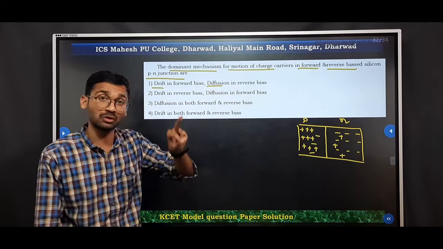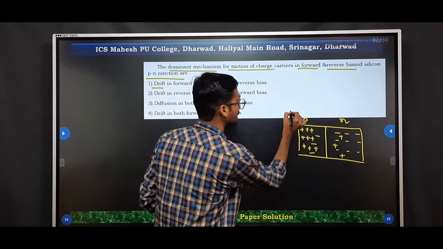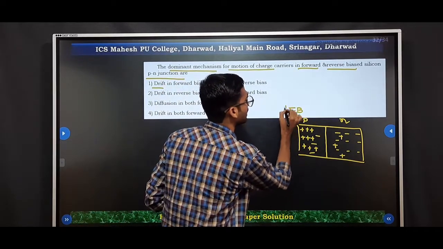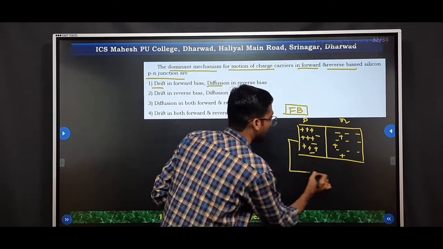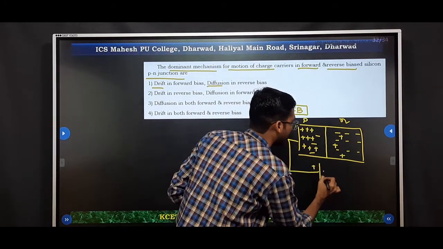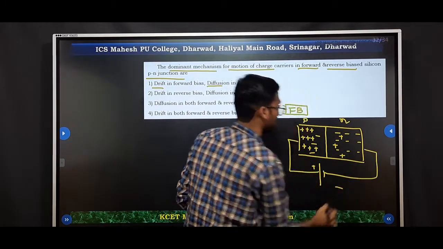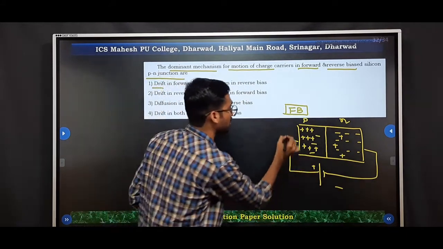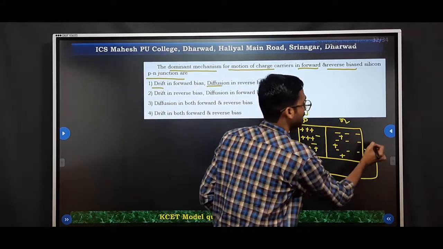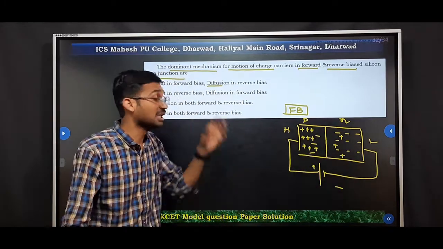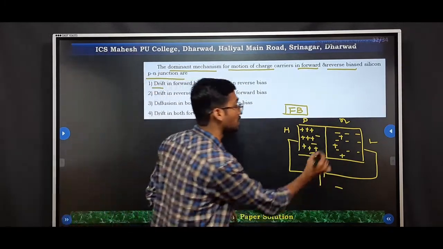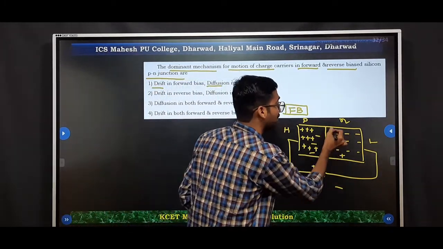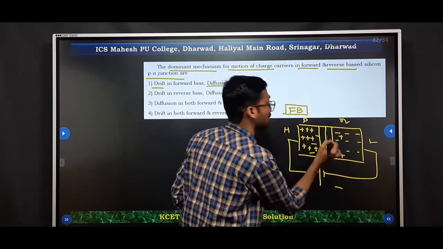Now they are discussing both forward and reverse. Let us discuss the forward bias first. In the forward bias, I have to connect P to the positive side and N to the negative side. When I make this positive, it will be at a higher potential, and this one will be at a lower potential. There is one idea we should know: at the middle of the PN junction we observe the depletion layer.